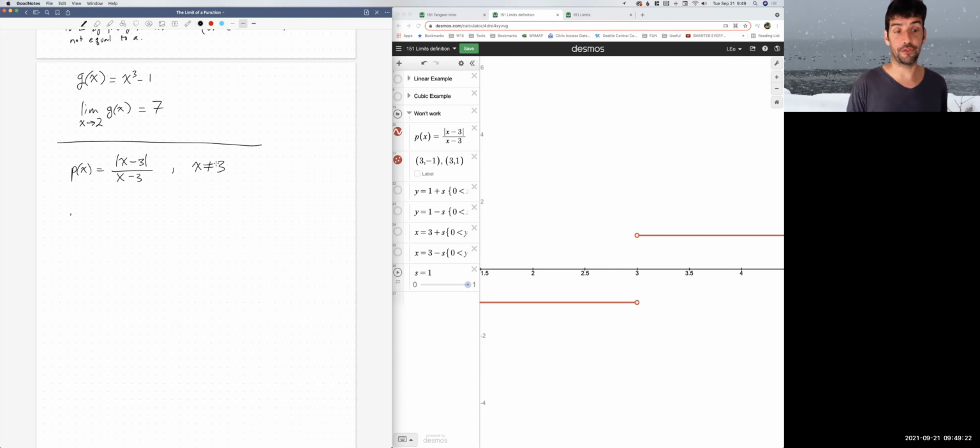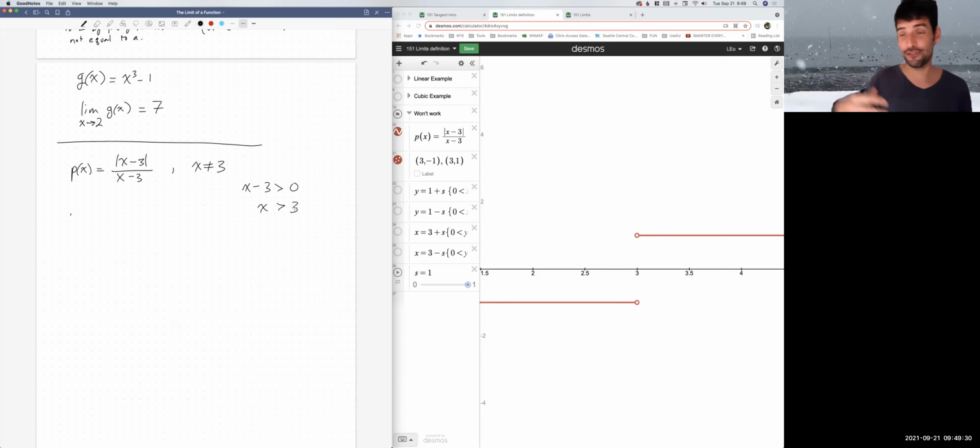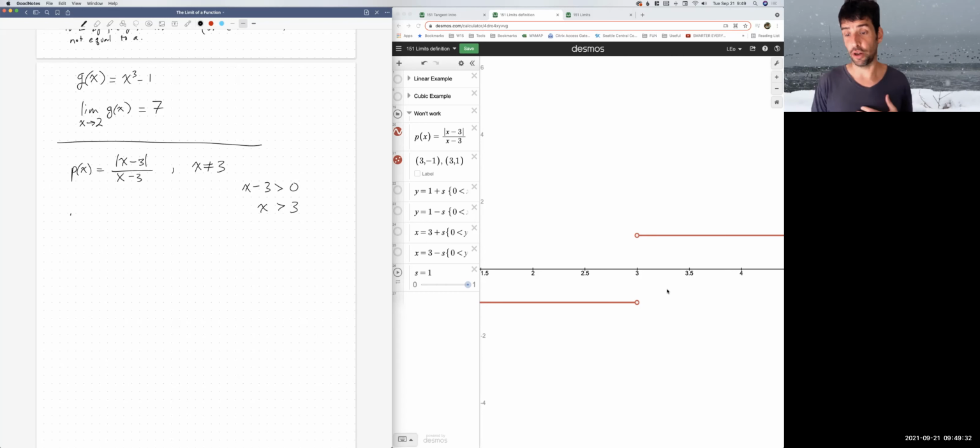So as long as x is greater than 3, we are dividing the same number by itself and getting 1. And so this function is just 1 to the right of 3.